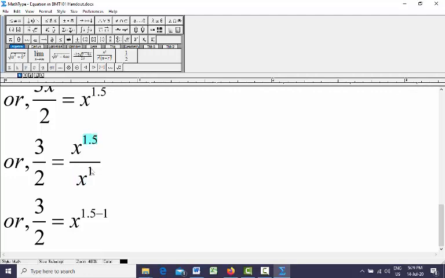The denominator's power will be deducted from the numerator's power. So 1.5 minus 1.